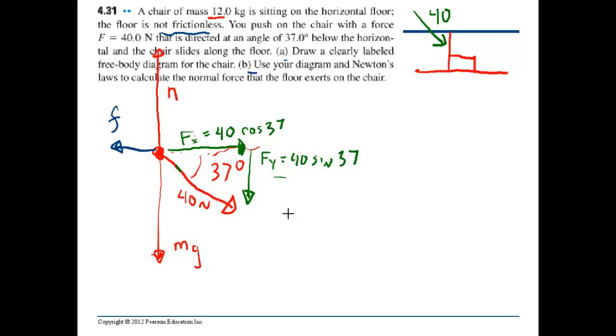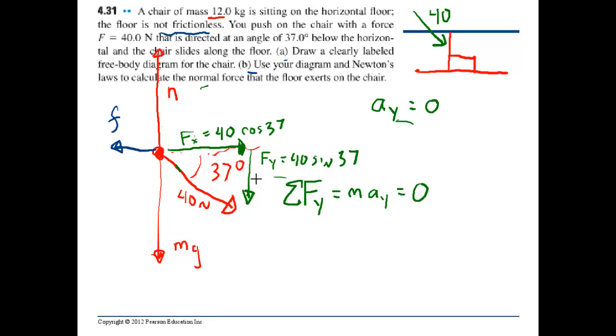Hope everyone is now comfortable with me doing that without writing it out explicitly. And it says, now I want you to calculate the normal force. I know in the up-down direction my chair is not accelerating. So what I can do is I can write Newton's second law. The sum of the forces in the y direction is equal to the mass times the acceleration in the y, which is going to be equal to 0 because the acceleration is equal to 0 here.